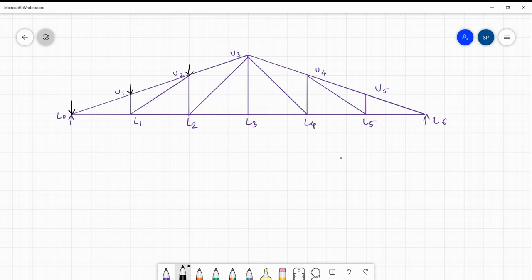Here the end panel points are L0 and L6. These two are end panel points whereas all the remaining joints are intermediate panel points. So at intermediate panel points, there will be unit load assumed, and at end panel points there will be half unit.